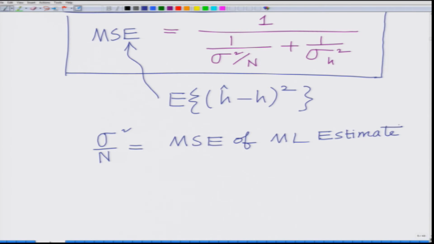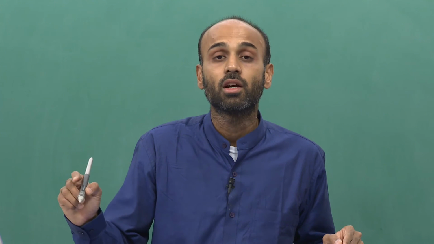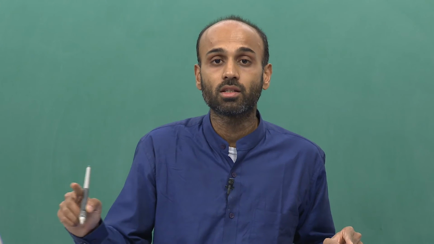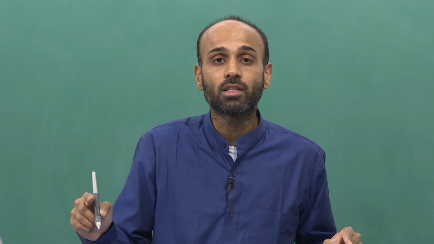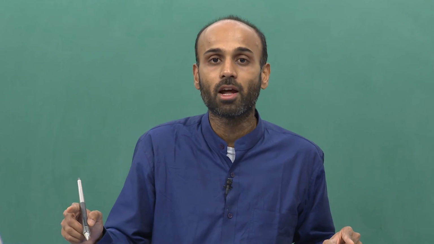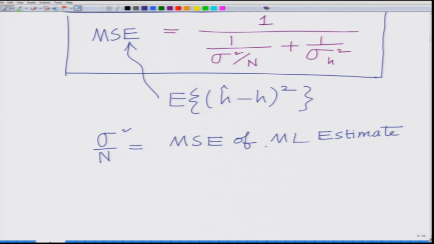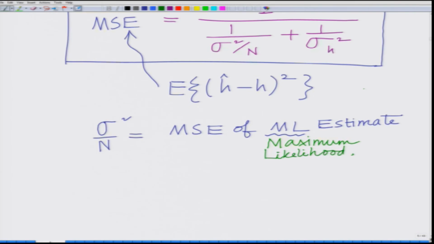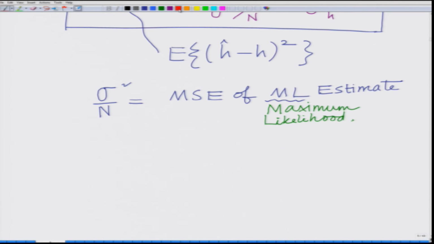We have seen that already during the estimation in the wireless sensor network: if there are n measurements and sigma square is the variance of the additive white Gaussian noise, then sigma square over n is the MSE of the ML estimate, where ML stands for the maximum likelihood. Similarly, sigma h square is the prior variance.